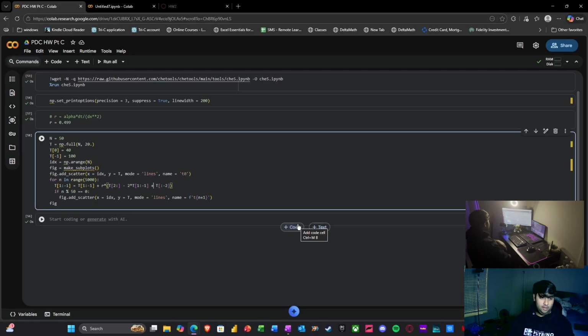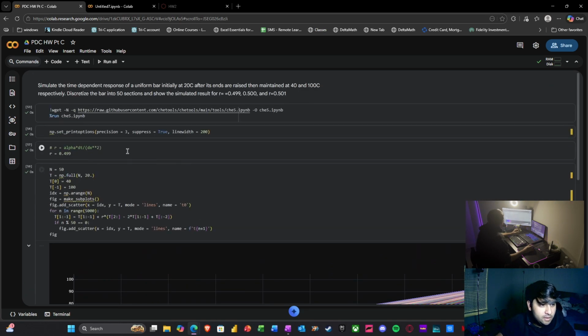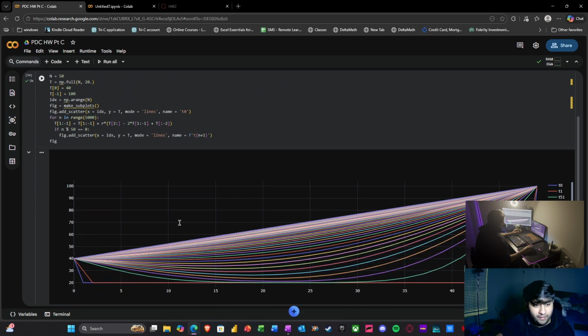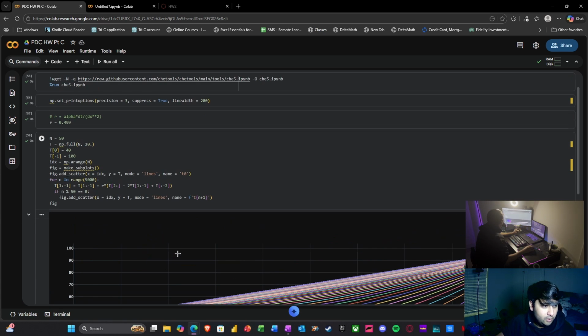So it runs perfectly now. And using the 0.499 value, we can see that our tube is nearing steady state, or is at steady state, and initially it's pretty flat, and then as time goes on and iterations, it reaches that linear heat diffusion line that we're looking for.